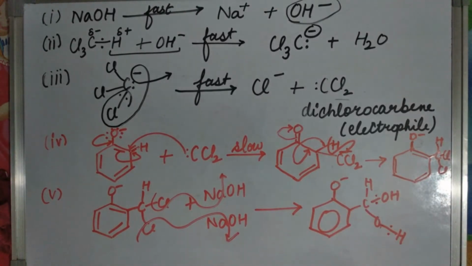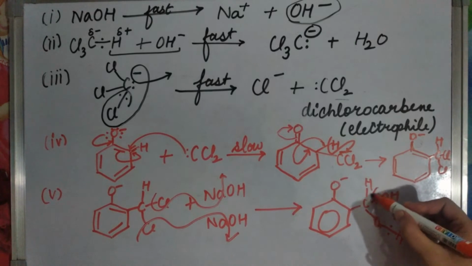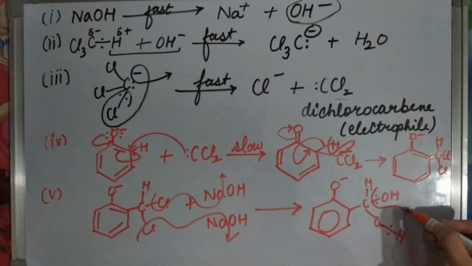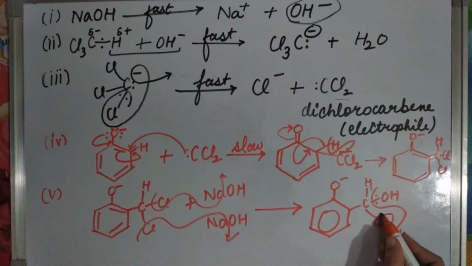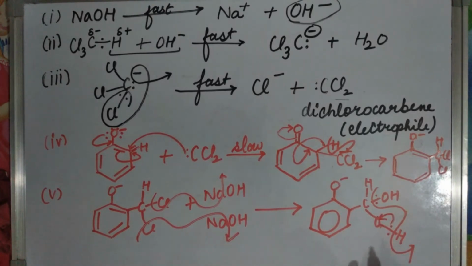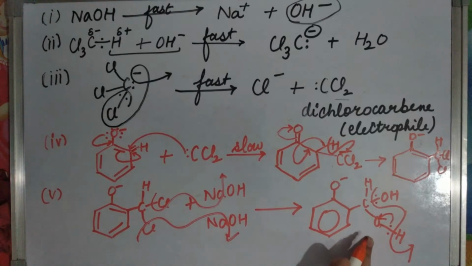Now what I will do is remove this OH and this H from here. That is, I'm removing one molecule of water from this, right? And these two electrons will be shifted to oxygen because nobody is taking them, so oxygen will take them, right?